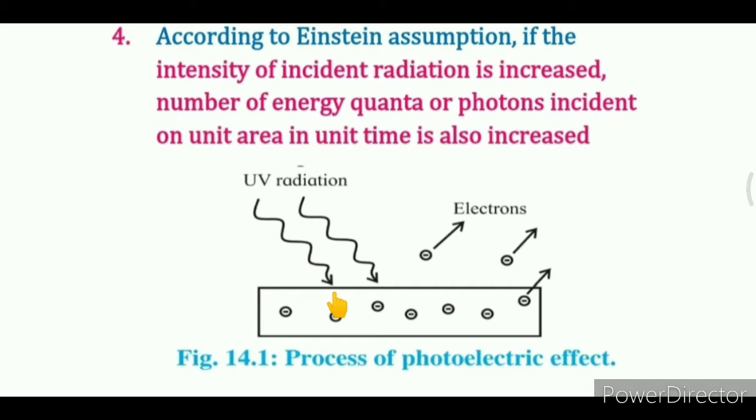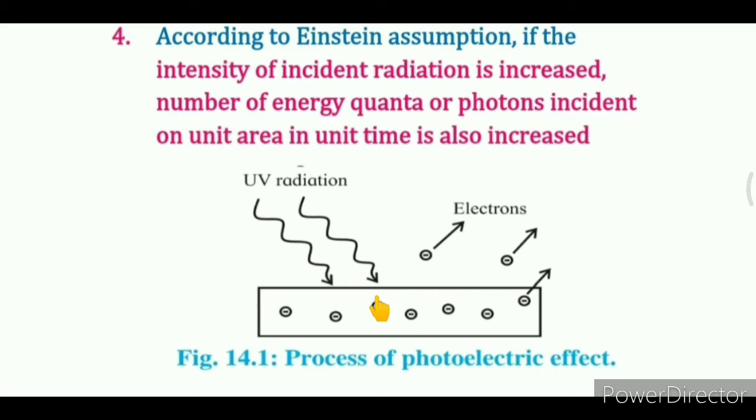If the intensity is increased, we are increasing the number of photons. Now consider that the intensity is increased by adding 2 photons. Obviously these 2 photons will collide with 2 electrons from the metal, and hence 2 photoelectrons are emitted.